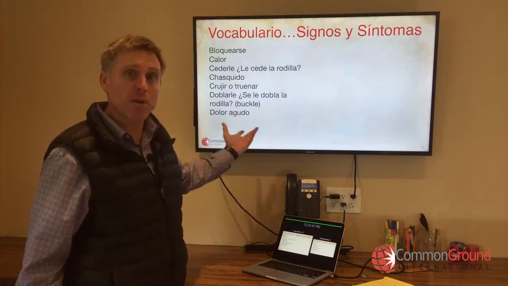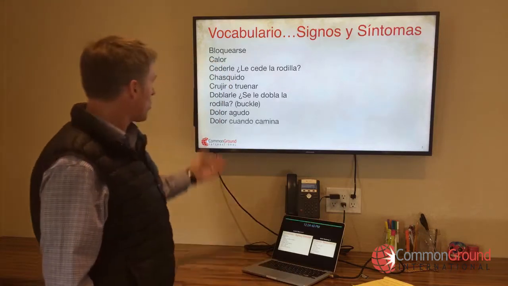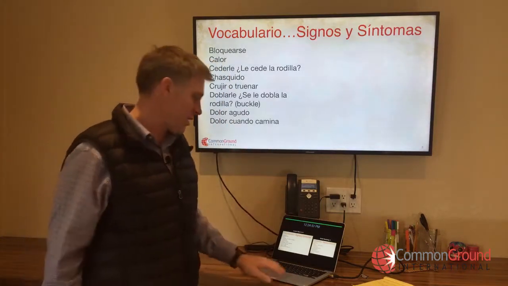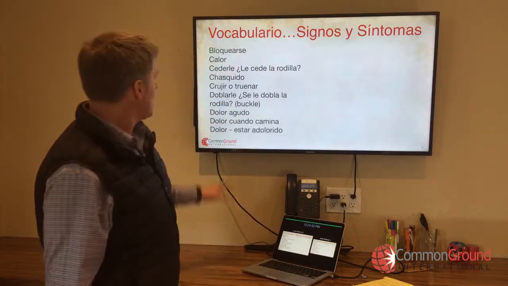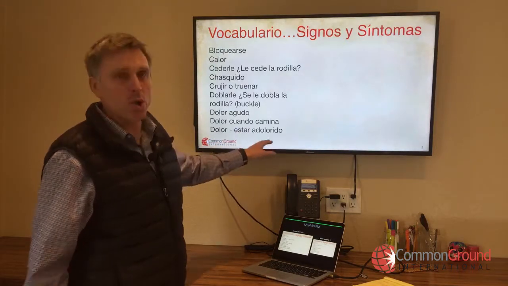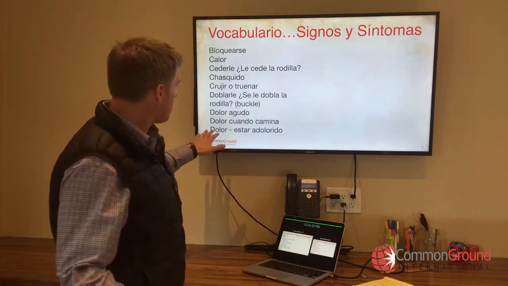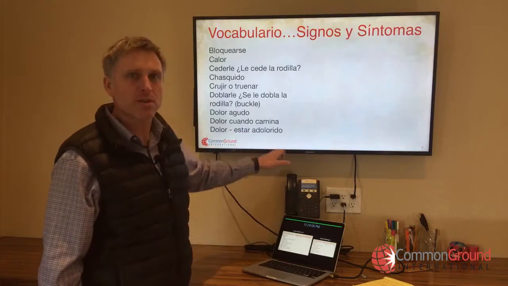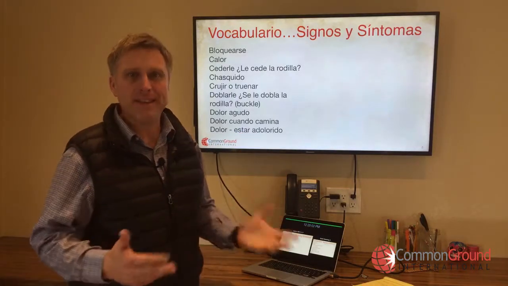Dolor agudo, sharp pain. Dolor cuando camina, pain when you walk. Dolor or estar adolorido. So dolor, pain. Estar adolorido is to be sore or to be tender.